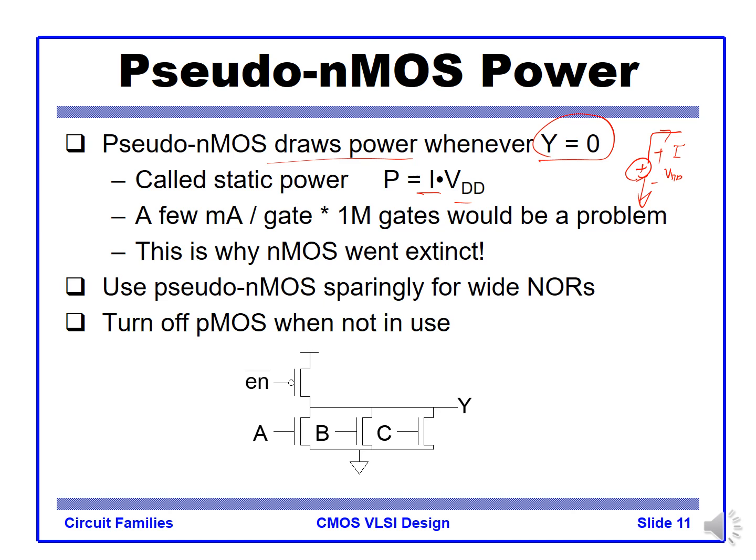Each pseudo NMOS gate will have a small current, but if you have millions of logic gates using this kind of pseudo NMOS logic, then you get a huge power consumption, like 1 million gates would be 1 million times the power consumption. So nowadays people don't use pseudo NMOS because of the power issue.